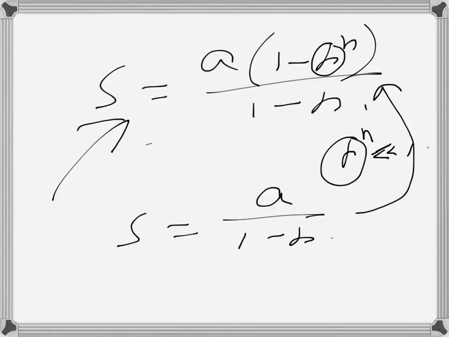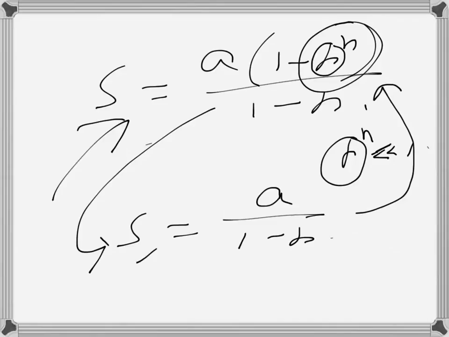So r to the power n, when n is very large, will approach 0. So we can ignore this part, and this will be the sum to infinity when r is less than 1. Only then can we have a series with infinite terms, and the sum is given by this expression.